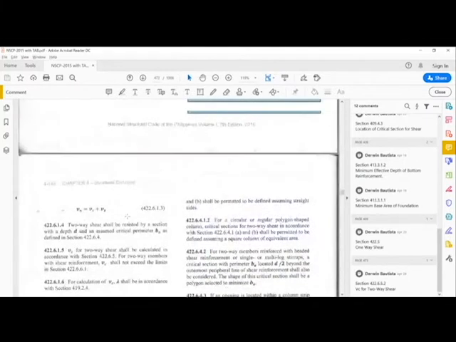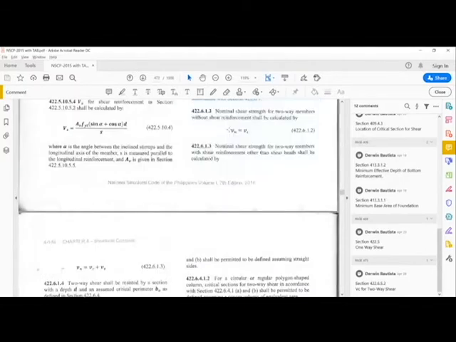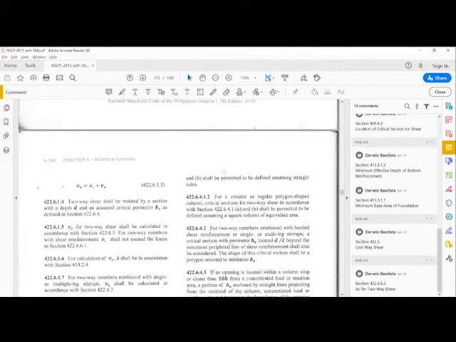Since we don't have to put stirrups or any shear reinforcement in our footing, your Vn, your nominal shear stress, should be equal to Vc. Shear should be carried by the concrete alone.